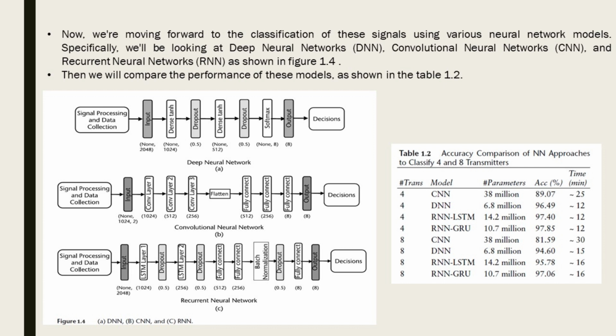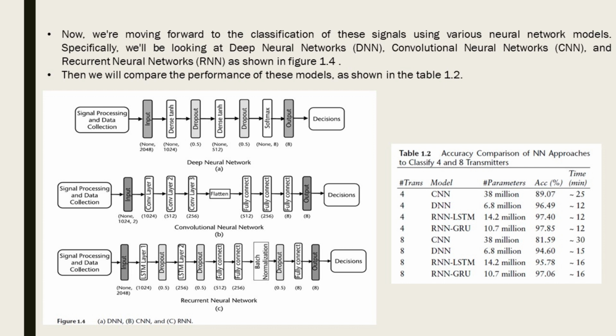The DNN in this setup consists of several dense layers, each followed by a dropout layer to prevent overfitting. As you can see, the network begins with an input layer that takes in the processed signal data. This input is then passed through multiple dense layers, each using the tanh activation function. Dropout layers with a dropout rate of 0.5 are interspersed to ensure that the model generalizes well and doesn't memorize the training data.